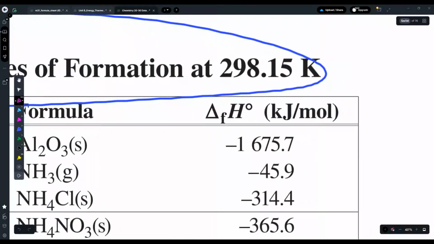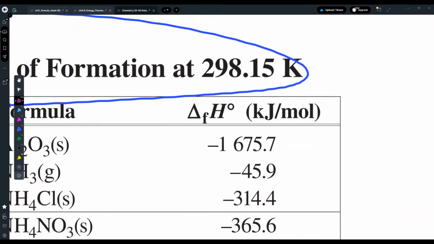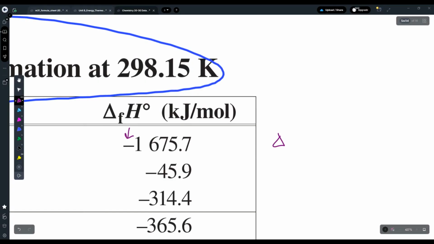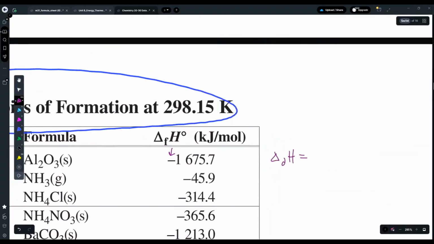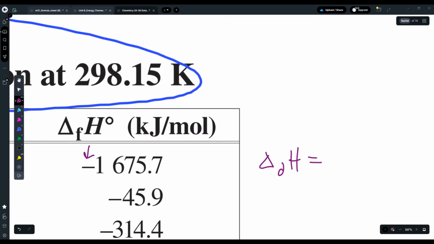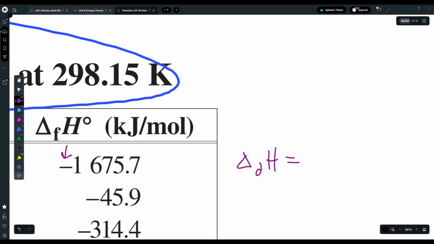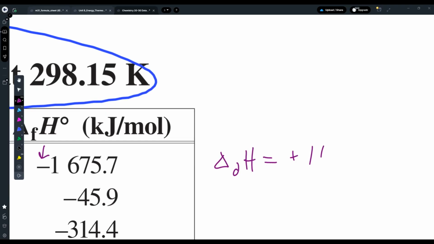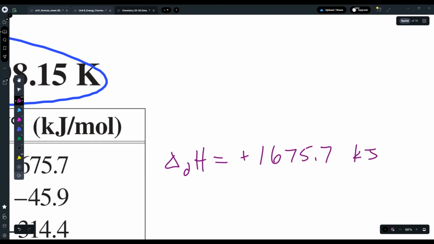So what you need to do to these numbers is, if you have a negative value for molar enthalpy of formation, you just take that negative and flip it into a positive. So for this first compound here, aluminum oxide, the molar enthalpy of formation is negative 1675.7. Now the molar enthalpy of decomposition would be positive 1675.7, and that's in kilojoules per mole.